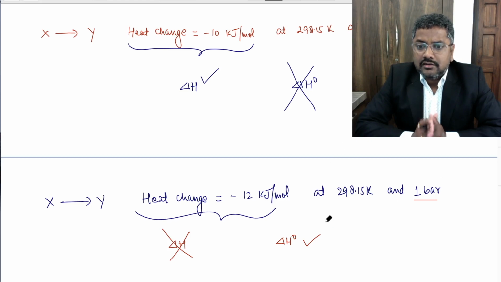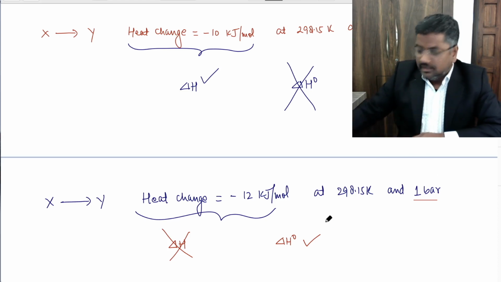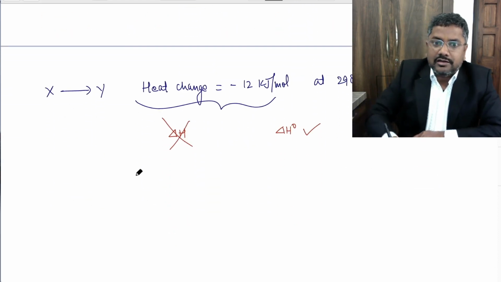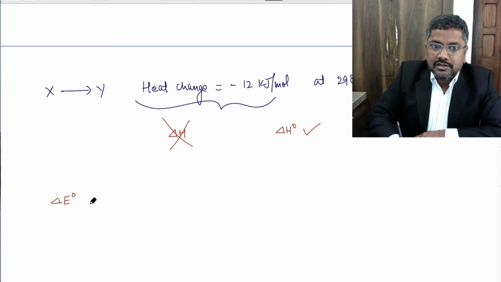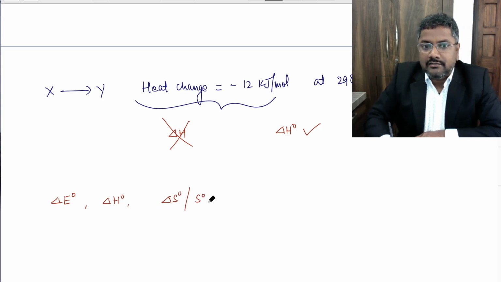So it is not necessary that every time you should measure the standard state or standard functions at 298. The same meaning applies for all standard thermodynamic functions like delta E naught, delta H naught, delta S naught or S naught. Why have I written S naught and delta S naught? Because the absolute value of entropy can be measured, right? And delta G naught.